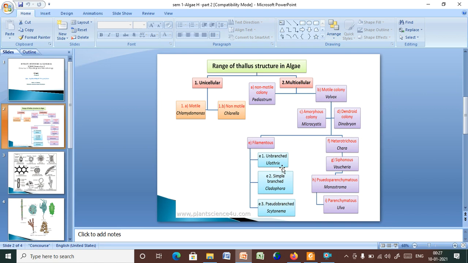The filaments may be unbranched, simple branched, or pseudo-branched. And the heterotrichous type forms a special, much more complicated structure. The siphonaceous type forms a siphon-like structure with multinucleated condition. In some cases, they form a pseudo-parenchymatous structure, and in some cases, a parenchymatous structure.